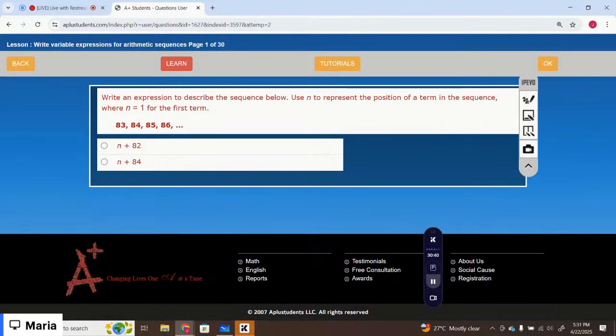Write an expression to describe the sequence below. Use n to represent the position of a term in the sequence.